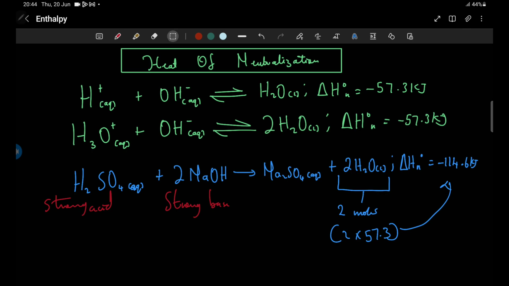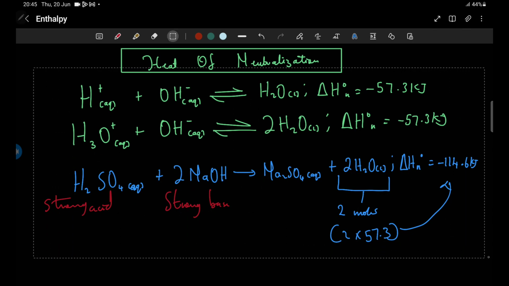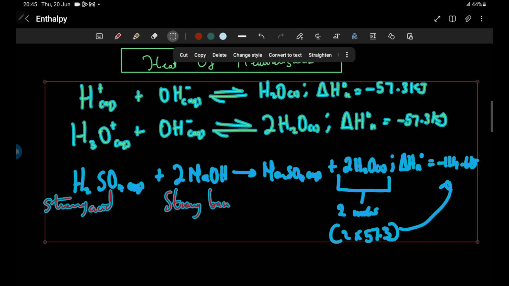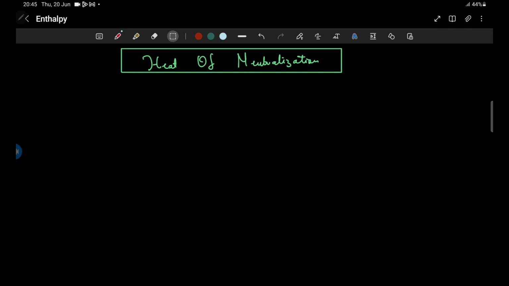Now, if you have a situation that involves a weak acid and a weak base, the heat involved in producing 1 mole of water will be less than 57.3 kilojoules. So if you have strong acid plus strong base, the heat involved will be equal to 57.3 kilojoules.